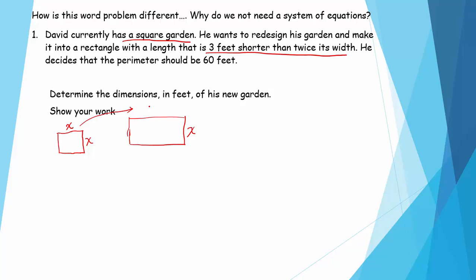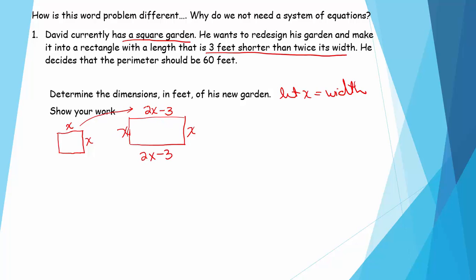So that's 2x minus 3. I'm going to let x equal the width. He doesn't change the width when he turns his garden into a rectangle. He just makes the garden longer. And so his new garden has dimensions 2x minus 3 by x. He decides he wants the perimeter of the new garden to be 60 feet.